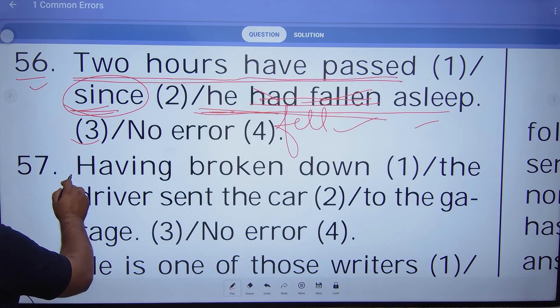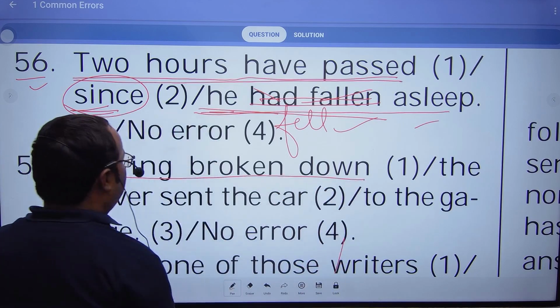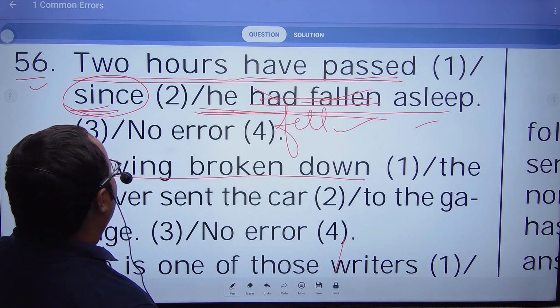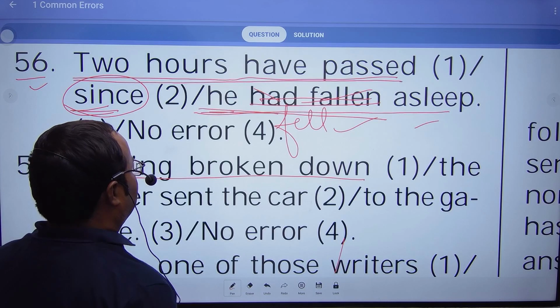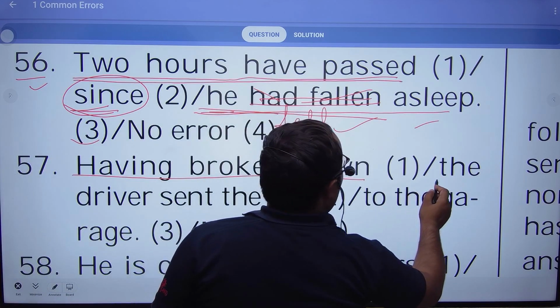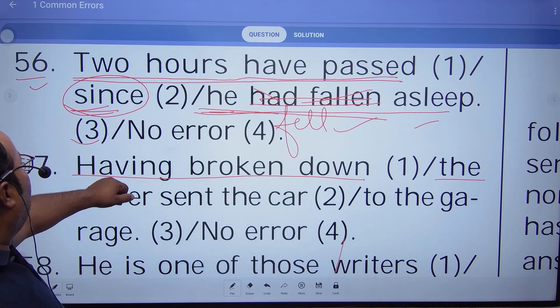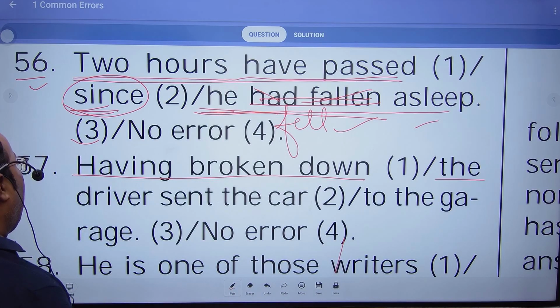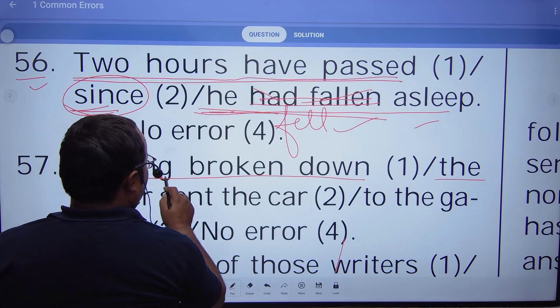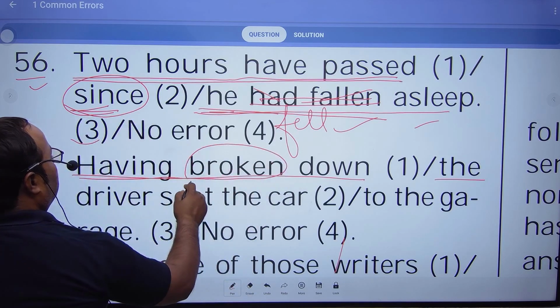Next is "having broken down", टूट जाने के कारण. Having broken down, टूट जाने पर, इसको हम कहते हैं perfect participle. "Having" को perfect participle है. Having verb का third form, ये सही है.